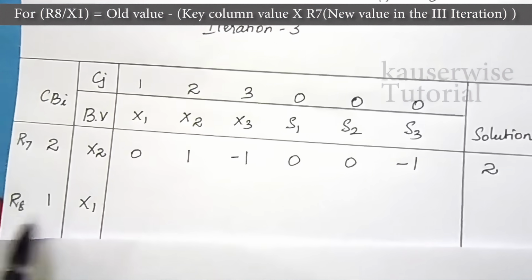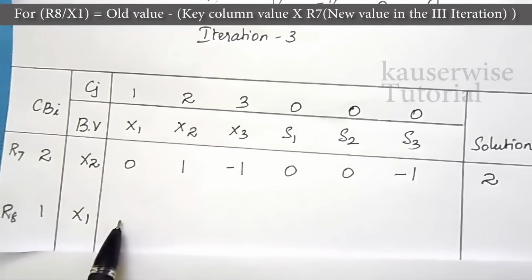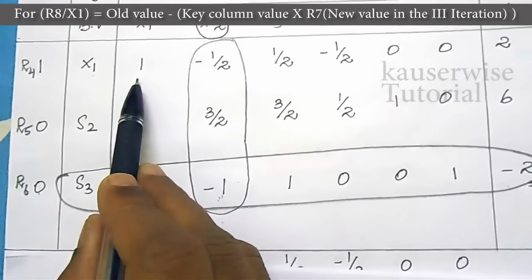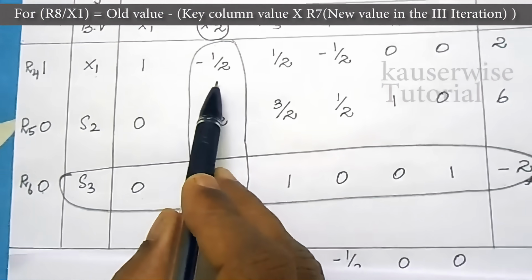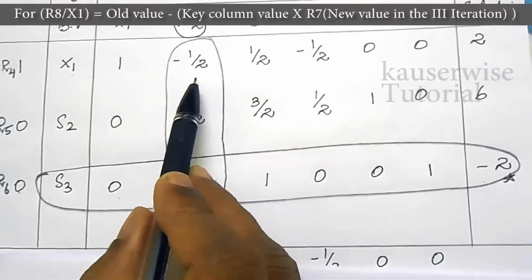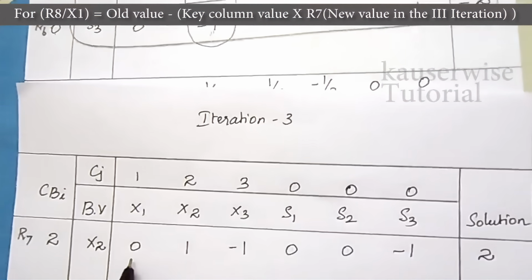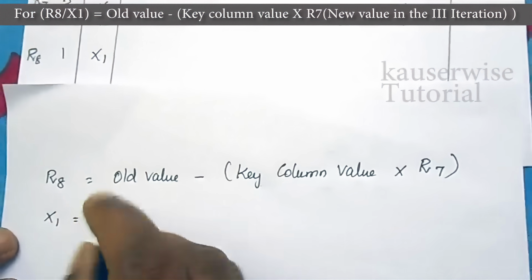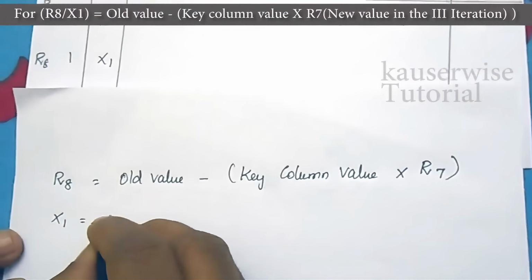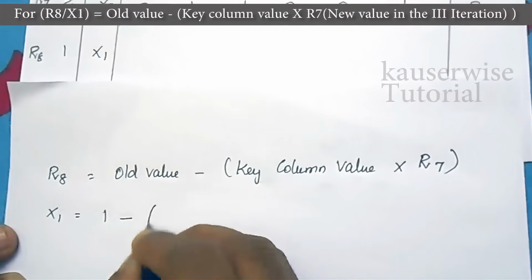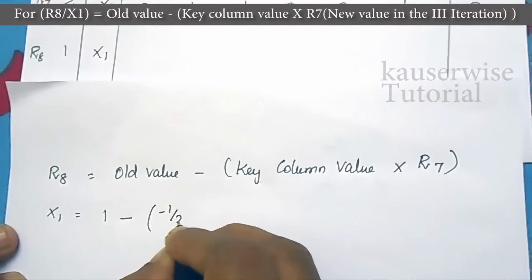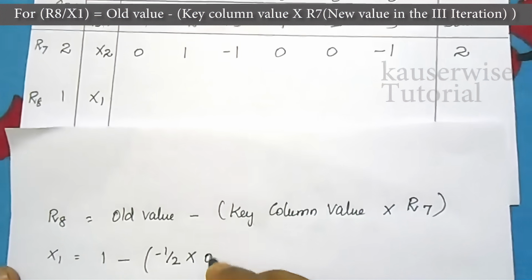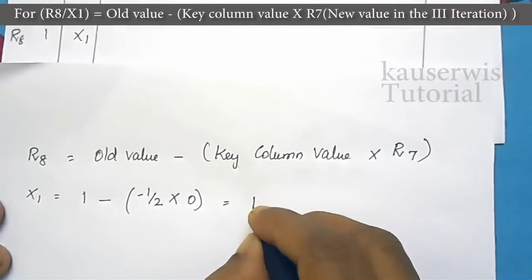For row 8, the old value is, look at the previous iteration. Old value is 1 minus key column value is -1 by 2 into new value is 0. I'll show the calculation. For x1, the old value is 1 minus key column value -1 by 2 into new value 0 is equal to plus 1.